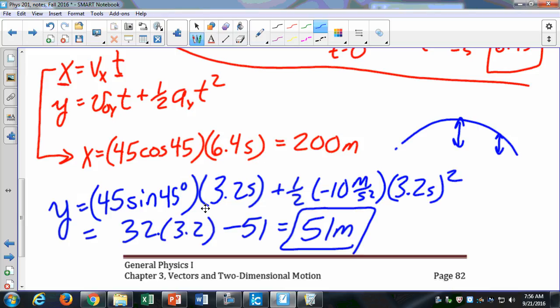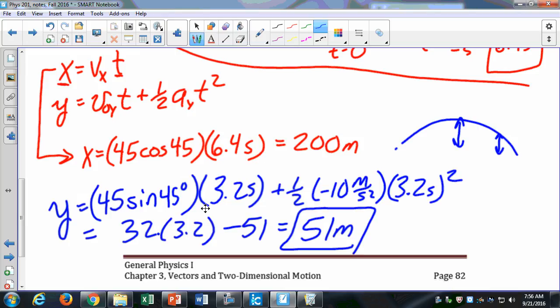Now, Kyle asked, what is our final velocity here? If you think about it for a moment, you should be able to say right off the top of your head what the velocity is here. We had a question on the test where you throw something up and then it comes back down. Remember that question? It's going to be the exact same speed.